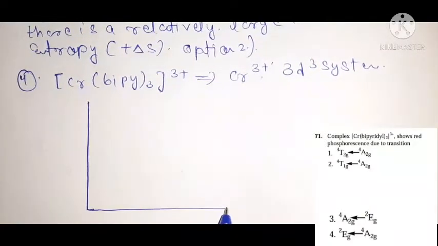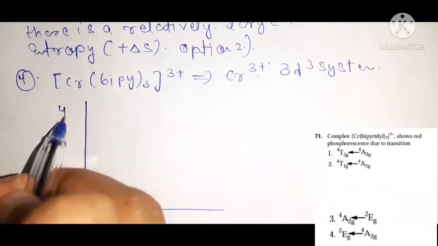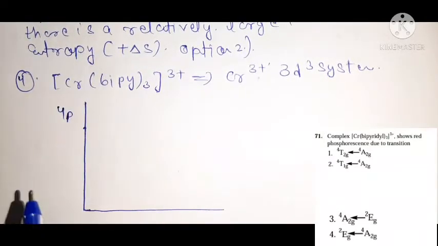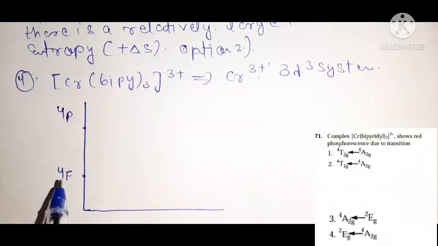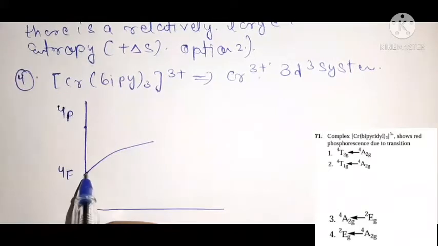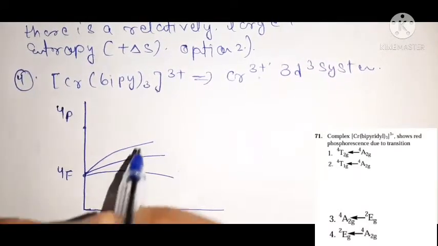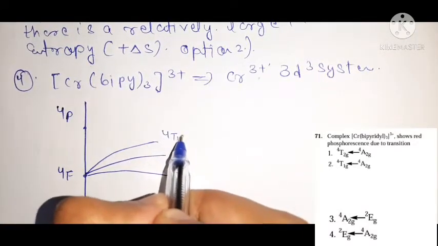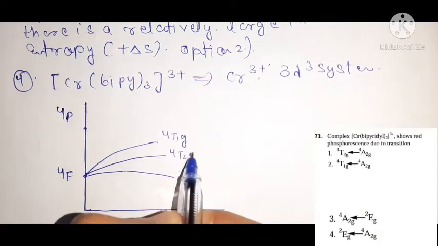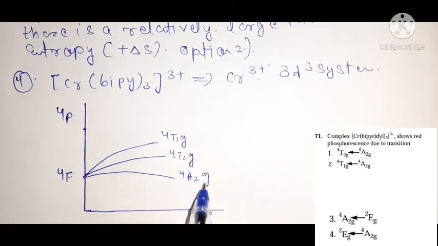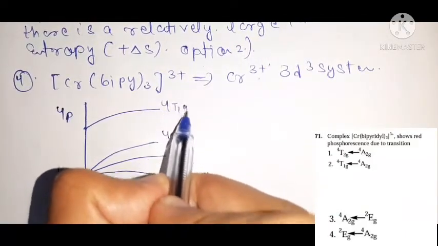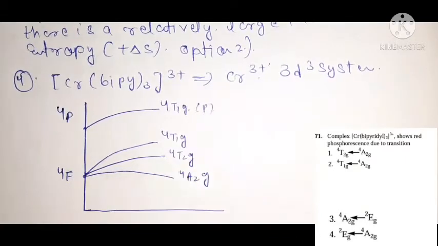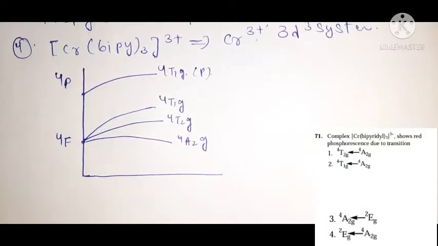So for 3d3 electronic configuration, this is the orbital diagram where excited term is 4P and ground term is 4F. This will be 4T1g, this will be 4T2g, this will be 4A2g, and this will be 4T1g(P). Okay, this is the orbital diagram for your 3d3 electronic configuration.